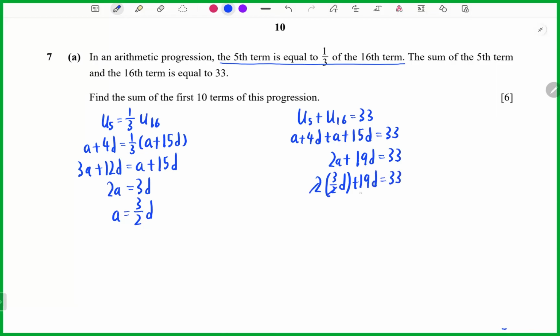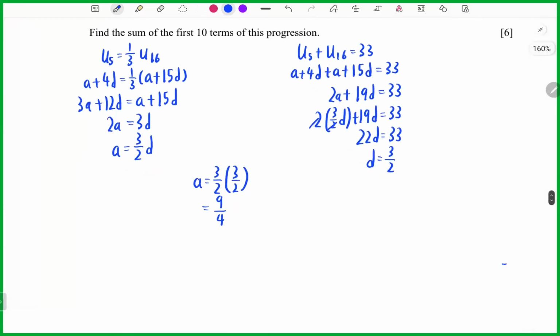So I can cancel. So now we get 2d equals 33, so d will equal 3 over 2. Now I can put a equals 3 over 2 times 2, so you will get 9 over 4.